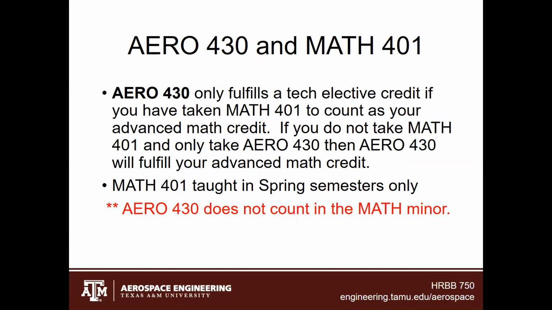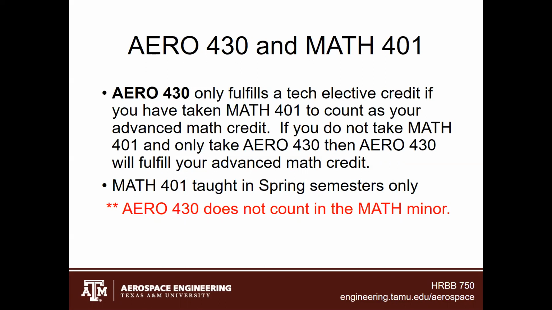They could break with tradition at any point in time, but traditionally speaking, it's only taught in the spring. Aero 430 does not count in the math minor, okay? So there seems to be some confusion with students thinking that it does. It only counts as your advanced math credit, completely different from a math minor.